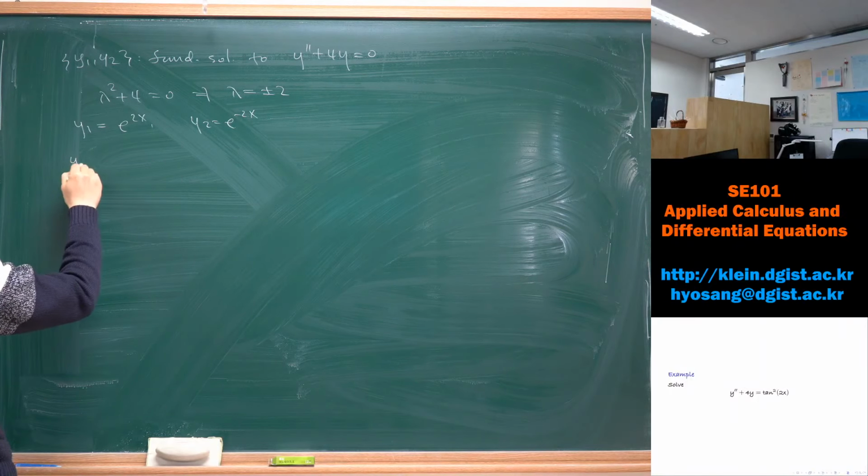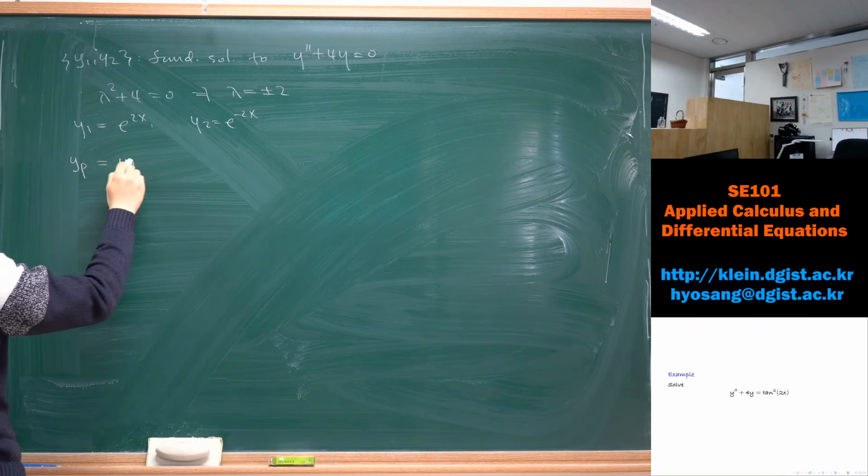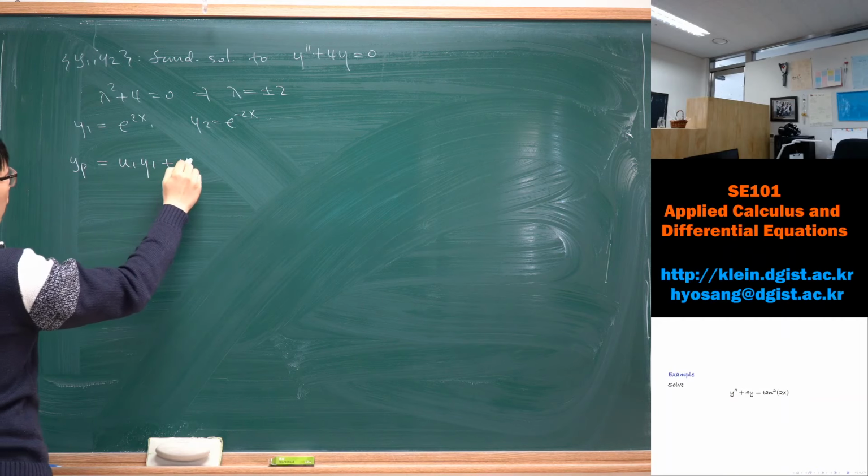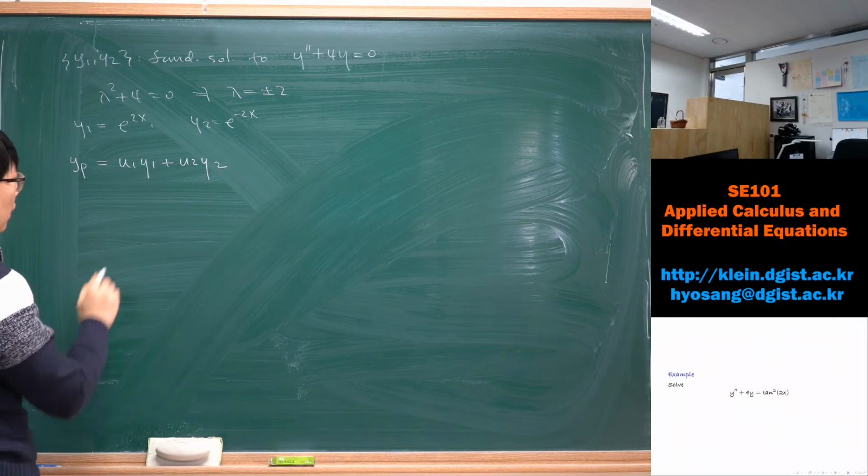Now, my particular solution, yp, is of the form u1 y1 plus u2 y2.